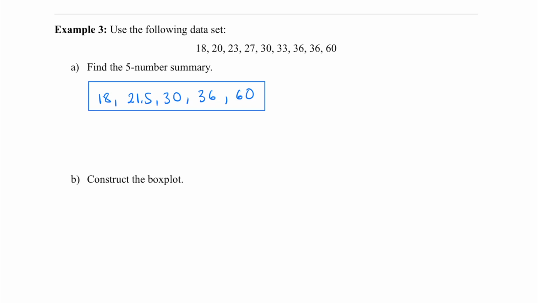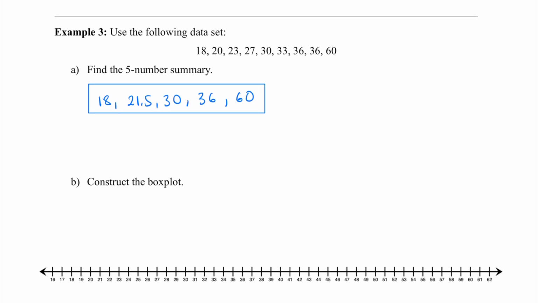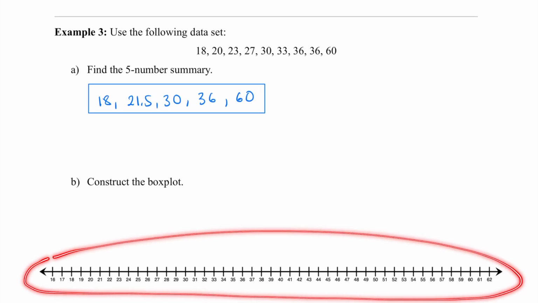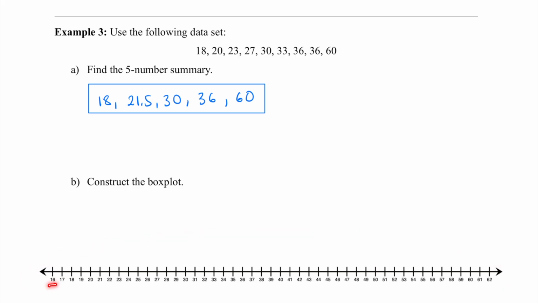We want the number line to include values from at least 18 up to 60. This is my number line, and it starts at 16 and ends at 62, so that it includes the minimum 18 and the maximum 60.